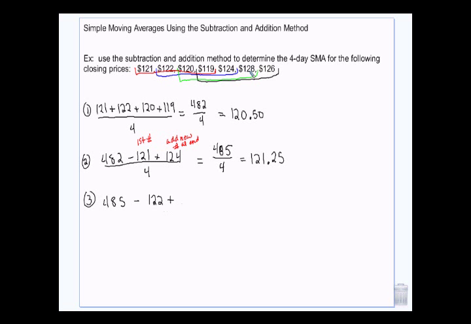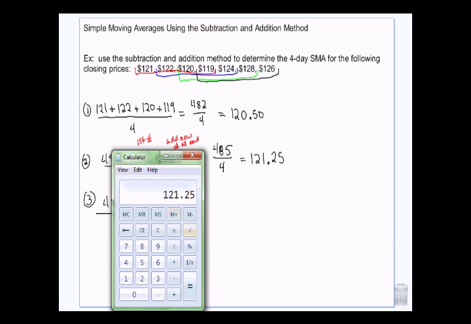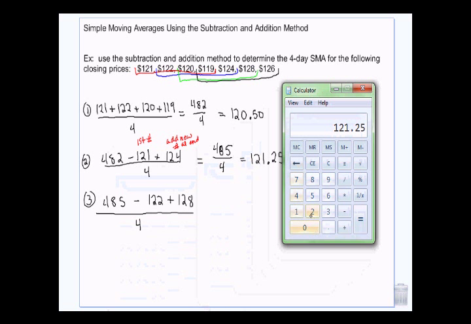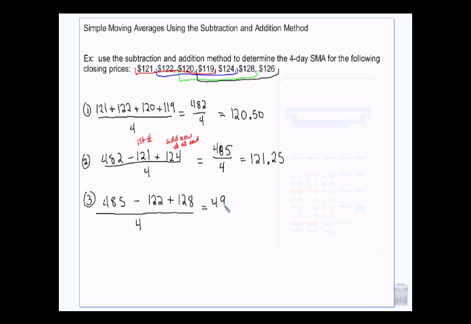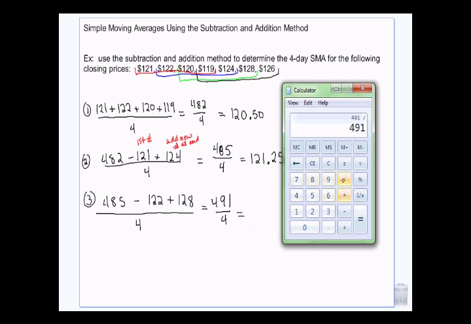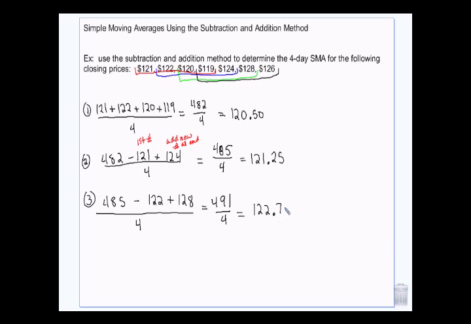And I add the next number at the end, 128. Well, negative 122 and 128 is 6. So really I could just do 485 plus 6, which I then divide by 4 to get 122.75.